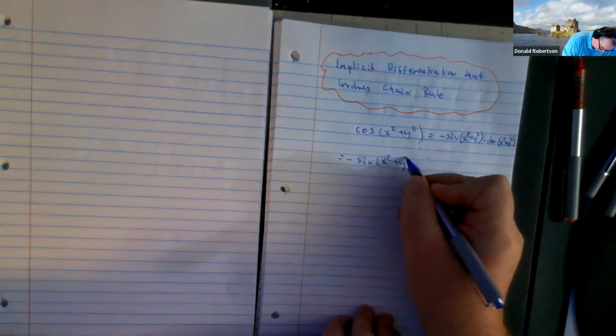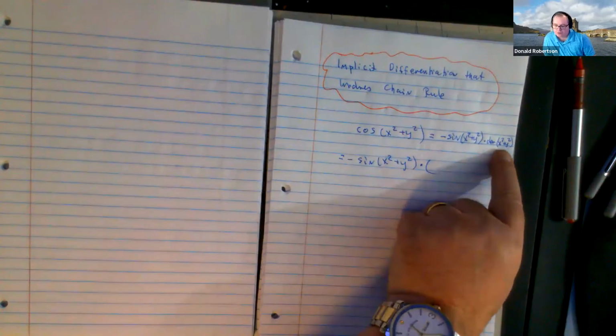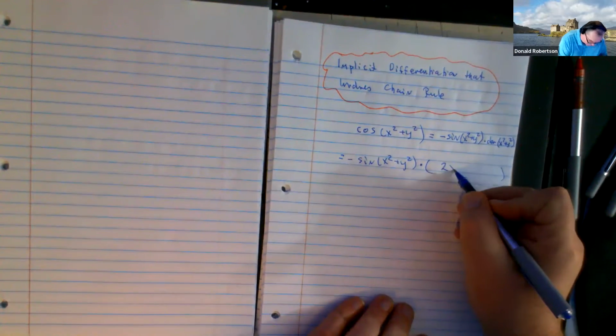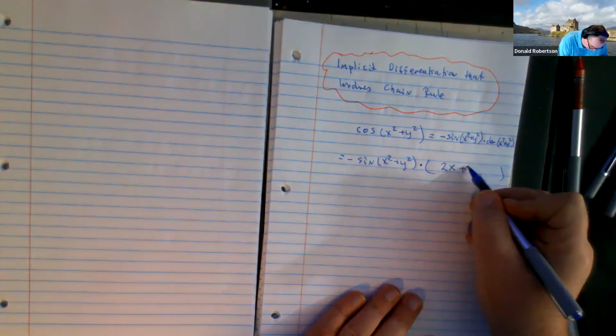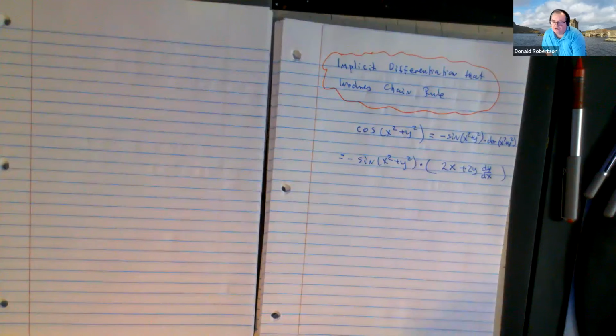So it's negative the sine of x squared plus y squared times the derivative of x squared plus y squared, which gets treated slightly differently. The derivative of the x squared is 2x. The derivative of the y squared is 2y dy by dx. And that is us finished for the time being, because all we're going to do here is focus on differentiation, none of the other steps yet. You comfortable with that?